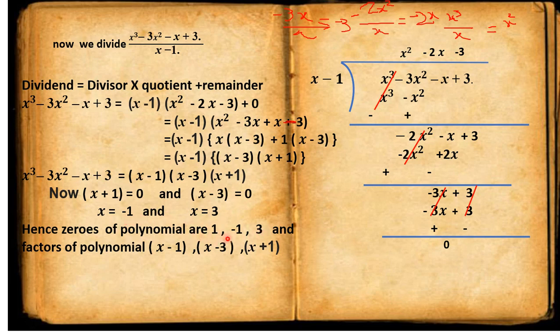So the three zeros of the polynomial are 1, minus 1 and 3, or we can say the factors of the polynomial are x minus 1, x minus 3 and x plus 1. So I hope in this way you will be able to find the factors of a cubic polynomial.